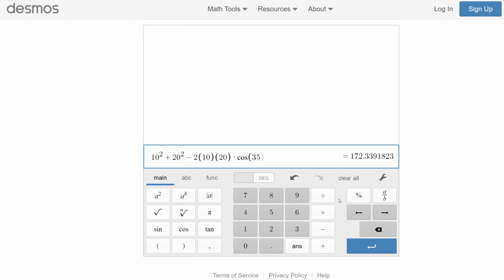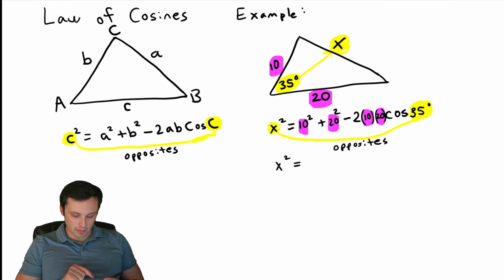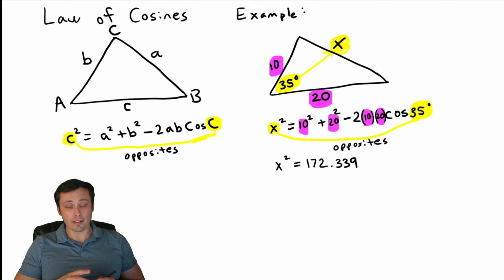So I'm doing that right now. 10 times 10 plus 20 times 20 minus 2 times 10 times 20 times cosine 35, and I get myself the answer 172. Well, it's like 172.339, and then there's some more stuff, but I'm just going to round it off about there.